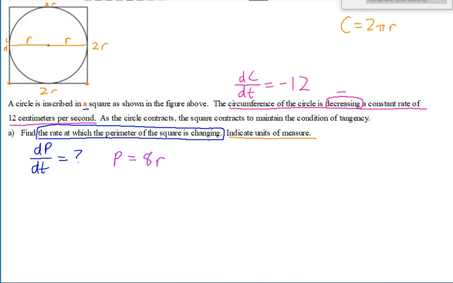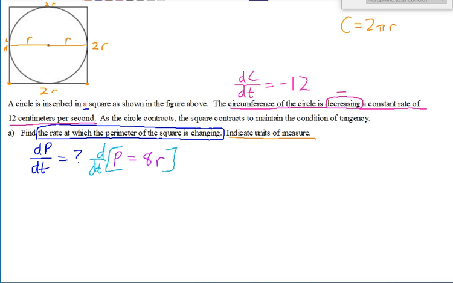And since we're looking for dP/dt, let's try to take the derivative of that one first and see what we get. So we take the derivative of P, that gives you 1, but then the variables don't match up with implicit differentiation.